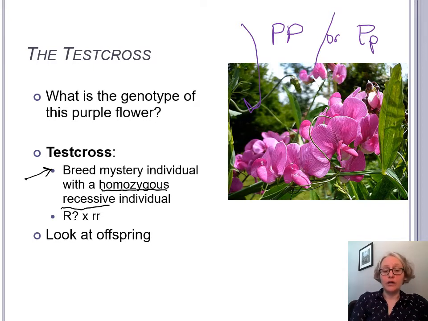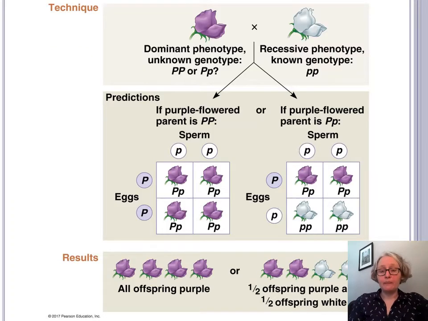So here it is written out. You take your mystery individual and you breed them with a homozygous recessive individual, and then you look at the offspring to see what happens. Here are your potential options. So here's my mystery individual, and I mated them with a homozygous recessive individual.